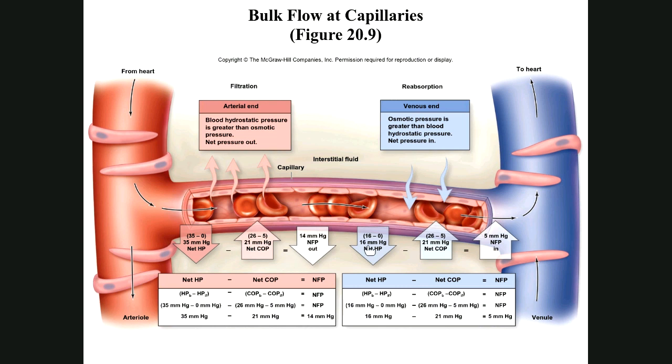So we've got more area where we have greater hydrostatic than greater osmotic. What that's going to create, see this with the arrows, is that we're going to filter more fluid than we're going to reabsorb. And this is important.